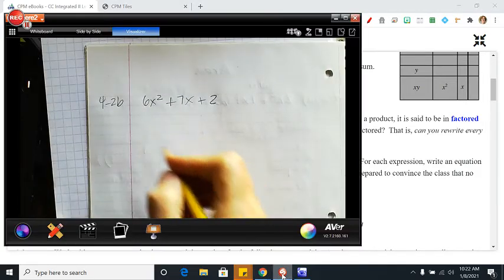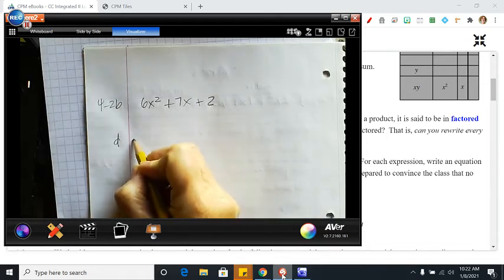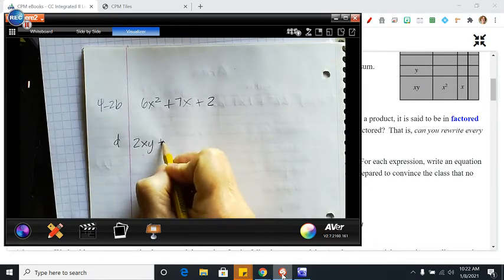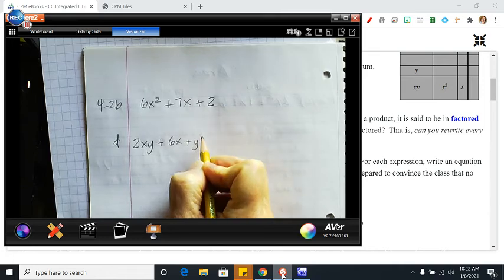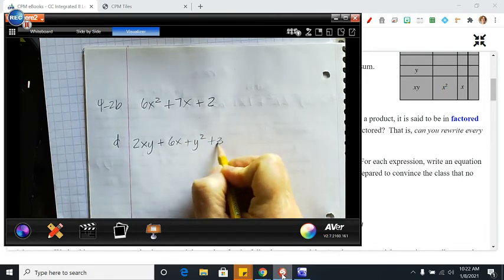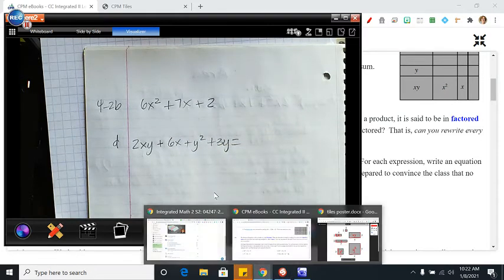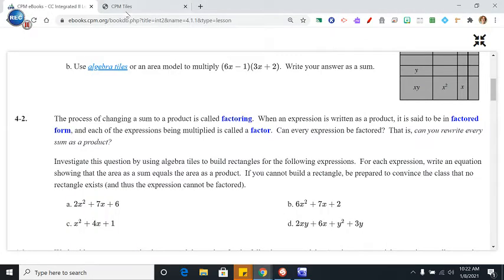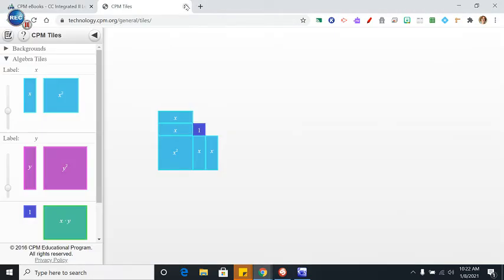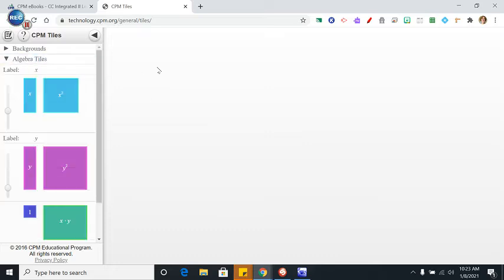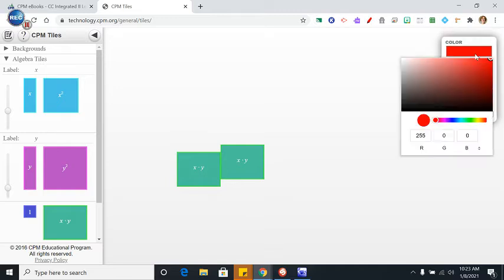So let's write this one in your notebook. Okay, I'm going to get those tiles, and I'd like you to do this with me. Don't just watch me do it. I'm just closing it out and starting it over. So let's see, I need 2 of these, 2 XY tiles. Let me write that on the screen so we have it.